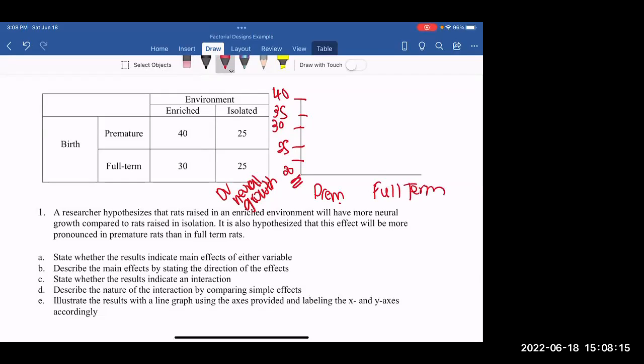And then the colors are going to differ between enriched and isolated.